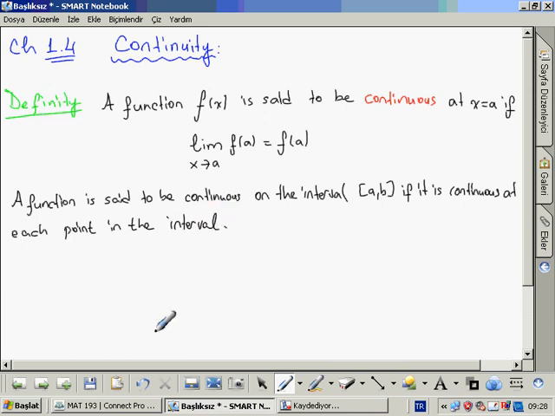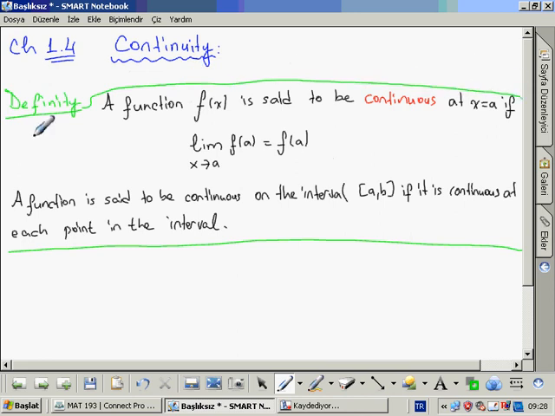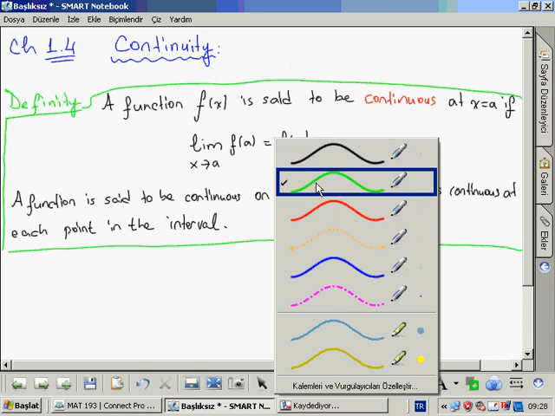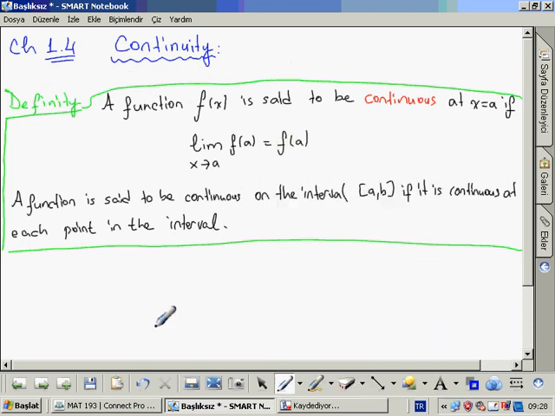Okay, and this definition can be turned around into this fact.